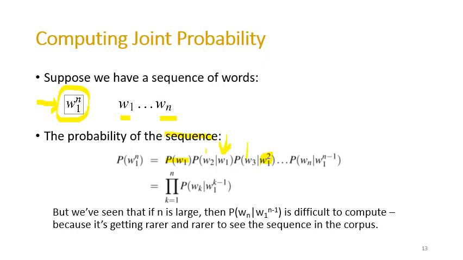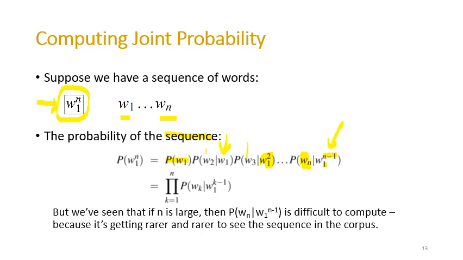Remember, because it's a sequence, we must keep the history from the beginning up to the n-1 word. So when you're asking what is the probability of word N to appear, we must say that given the history that word 1 up to word n-1 has appeared.